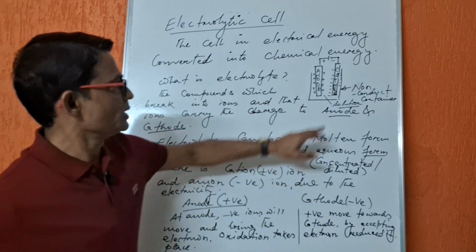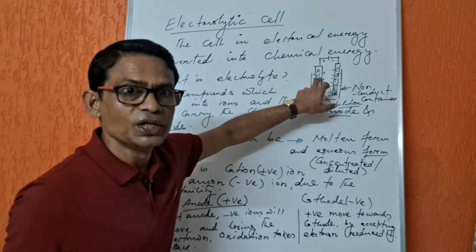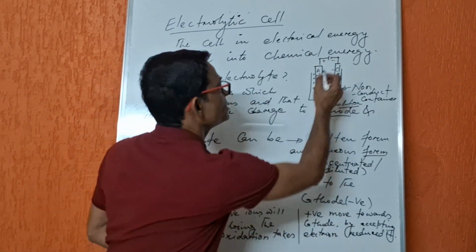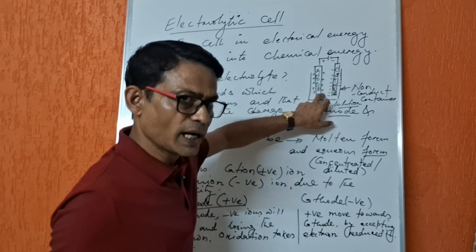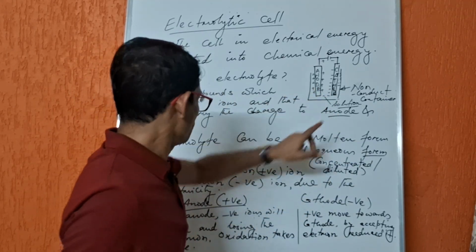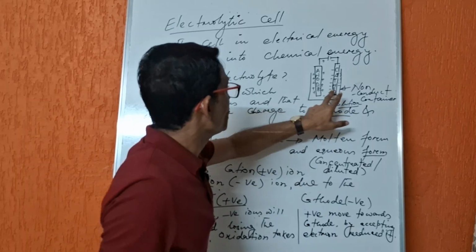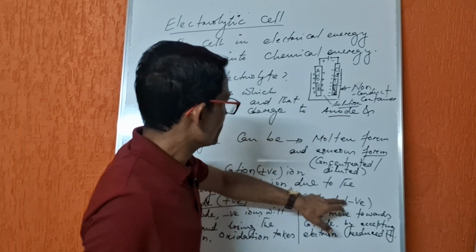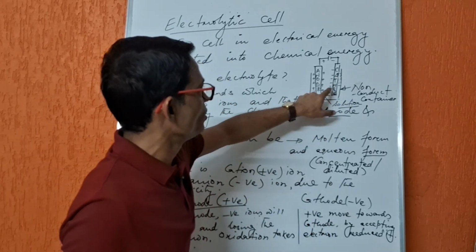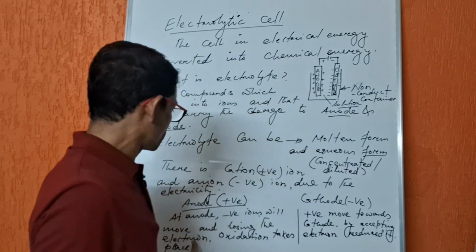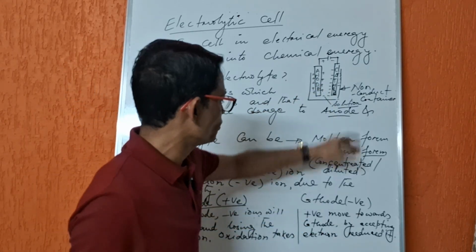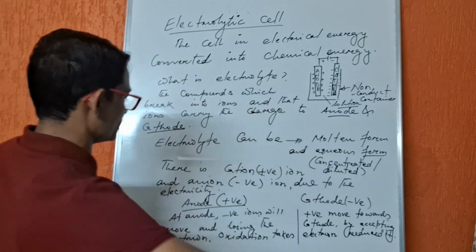So whenever there is the movement due to the potential difference, in the electrolyte, positive ion will move towards cathode, negative ion will move towards anode, and at anode there is the oxidation and at cathode there is the reduction.